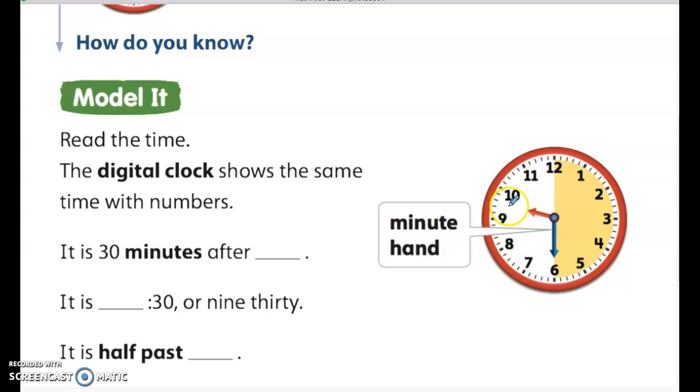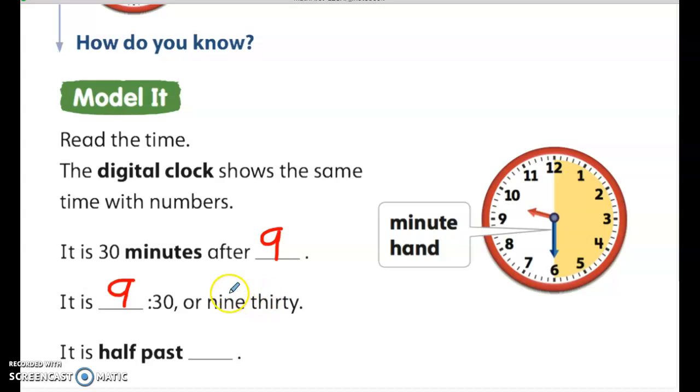Where's the little red hand pointing to? Is it after the 9? You're right, it is after the 9. So it's 30 minutes after 9, which means the same as 9:30 or nine thirty.